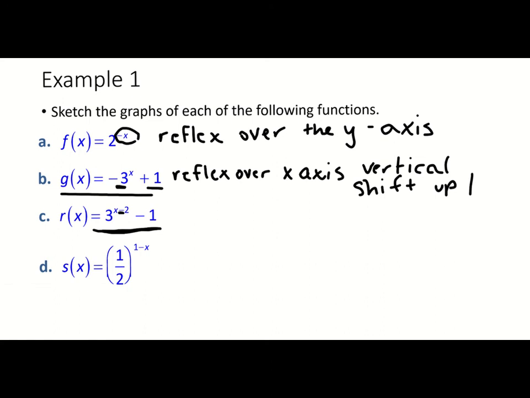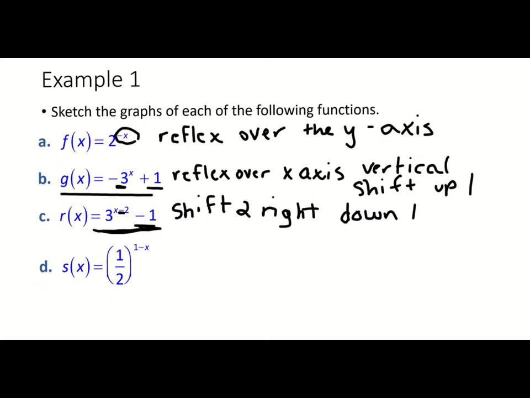And because it's a minus 2, remember minus 2, it's actually the opposite of what we think. So we're going to shift 2 to the right. And then we have the minus 1 there on the outside of that. So then we're also going to go down 1 from the original 3 to the x power.